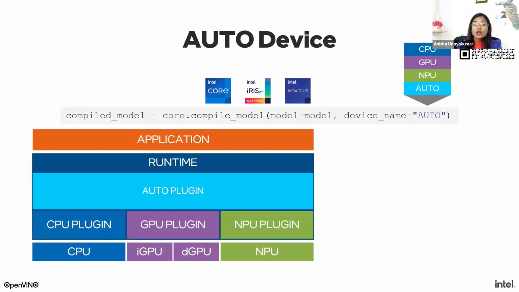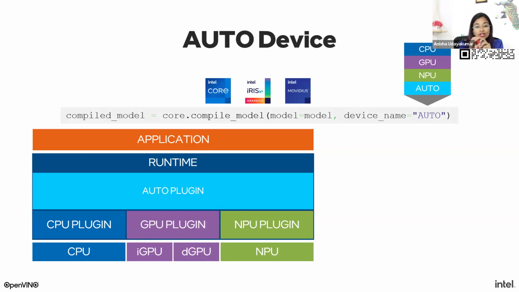And if there is a scenario where you're running your AI model on multiple devices, but you don't know which device can get you the best performance, then Auto is your go-to option. It automatically selects the optimal hardware for your AI workload.